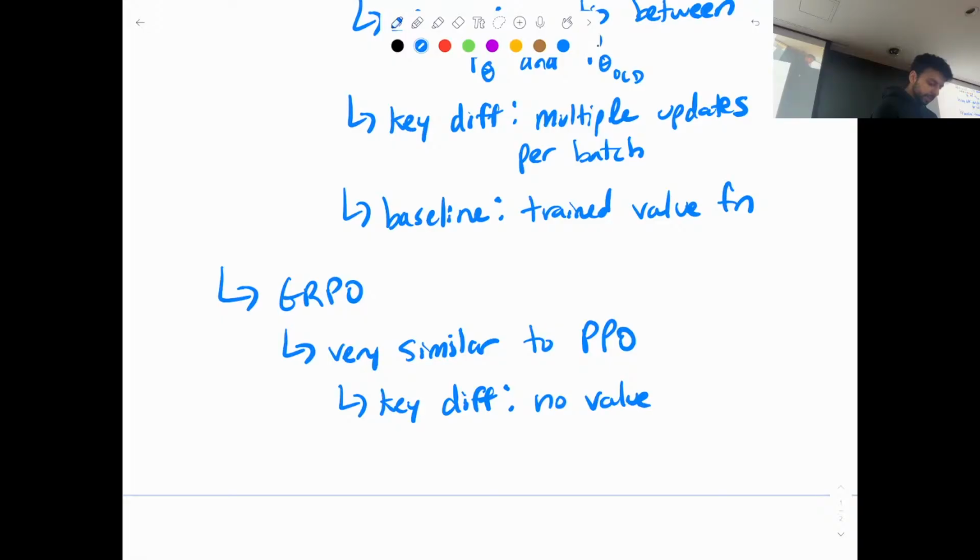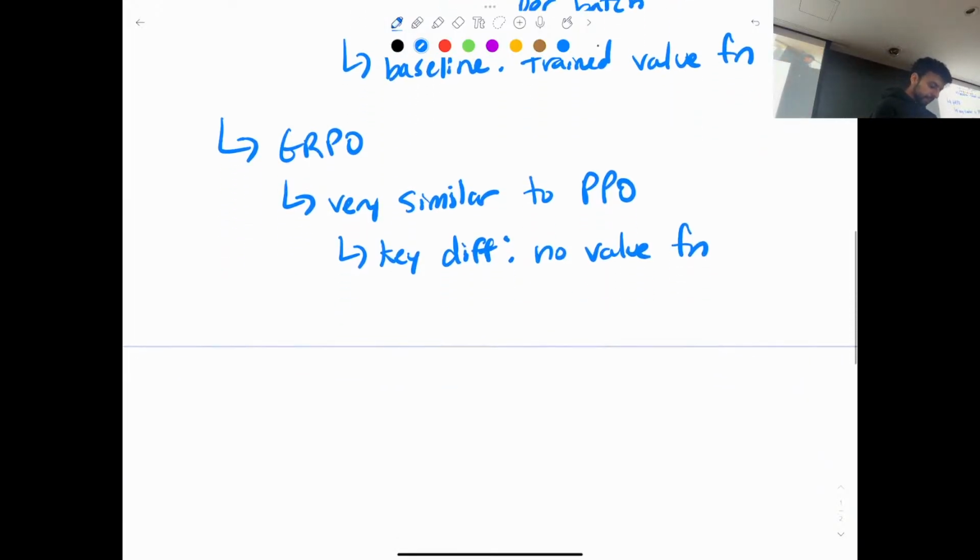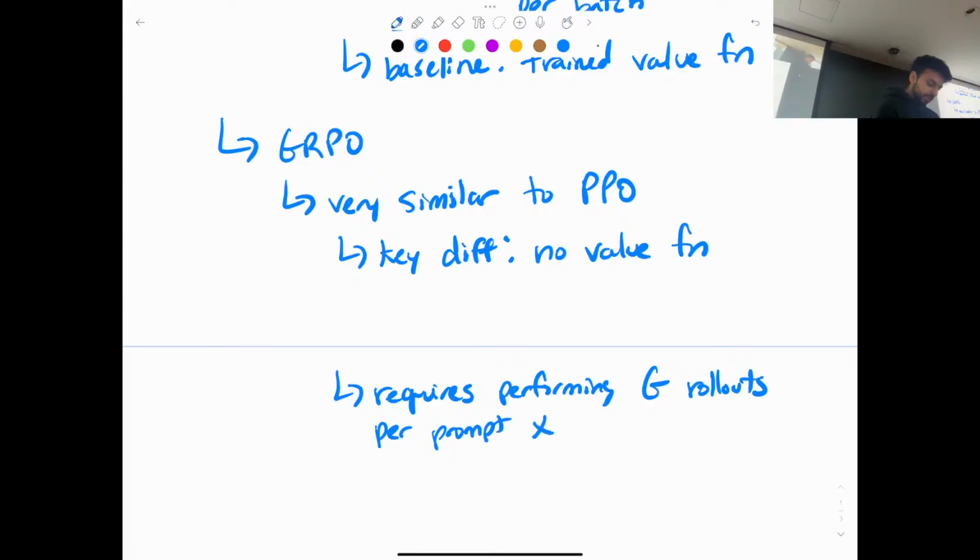No value function, and the baseline here is computed using the statistics from a group. That's the other conceptual difference: this algorithm requires performing G rollouts per prompt x, not one like in PPO or REINFORCE.